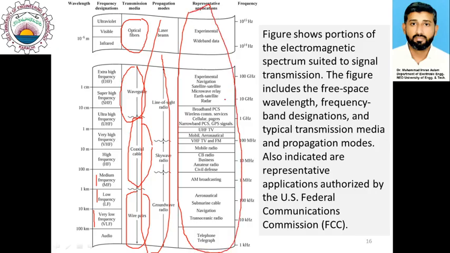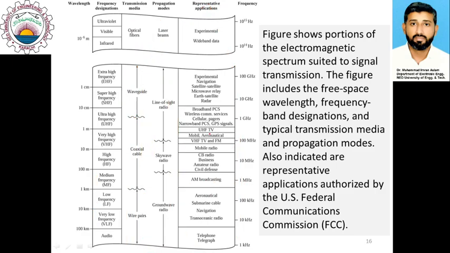And you can see that different applications are assigned different frequencies for their use. So AM broadcasting is done at even lower frequencies, whereas wireless communication is done at relatively higher frequencies of the order of gigahertz, and satellite communication is used at even higher frequencies and so on.